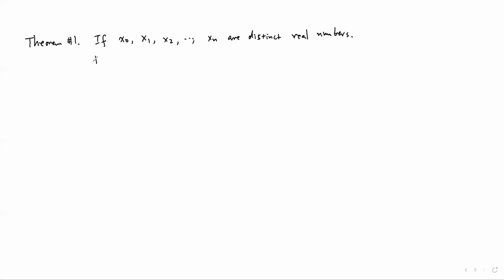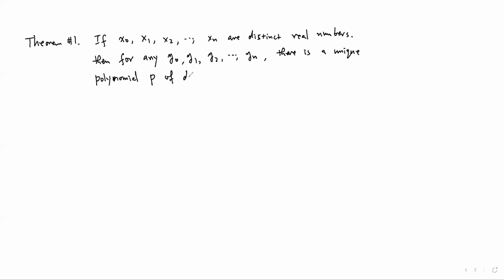Okay. Then for any y0, y1, ..., yn function values, there is a unique, one and only one, polynomial P of degree less than or equal to n. Yeah, n plus 1 data points.